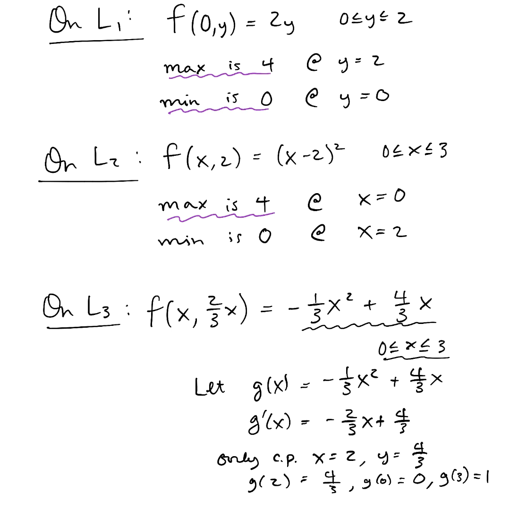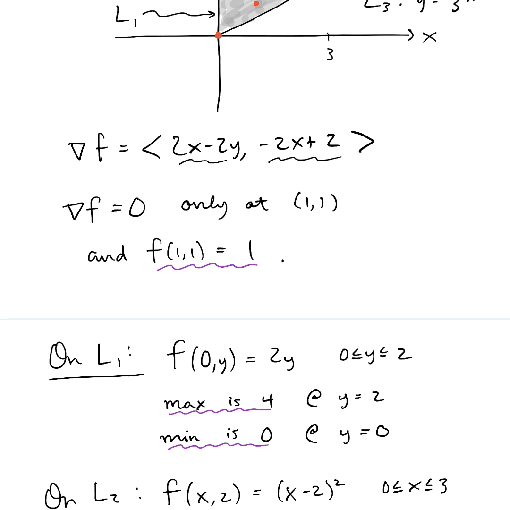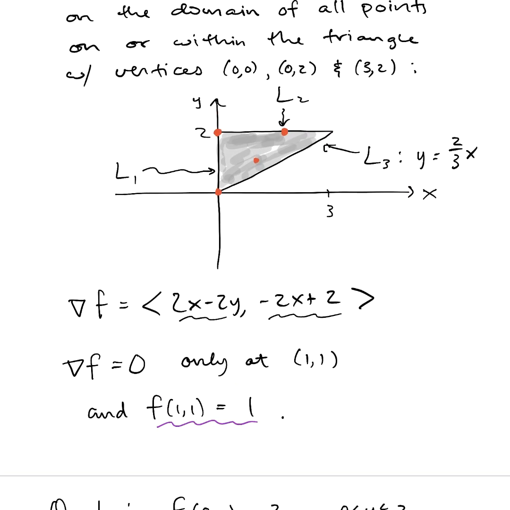So now you know the value of the function g, which is equal to the function f along L3, at 3 important points. Back in the picture, the 3 points are: when x is 0, that's here on L3.